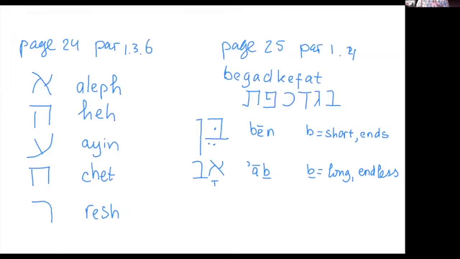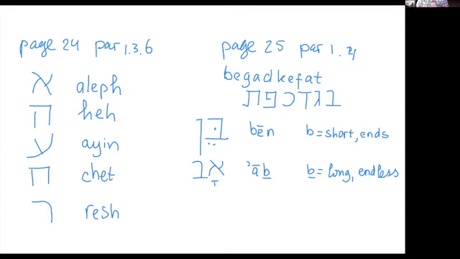These letters are the beit, the gimel, the dalet, the kaf, the pe, and the taf. That's why you get begad kefat. To remember that.